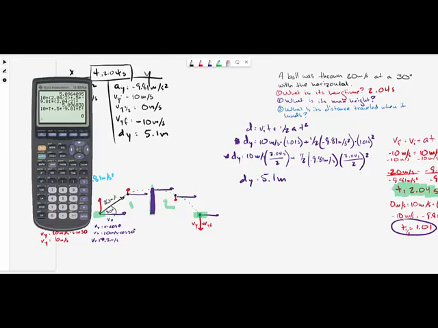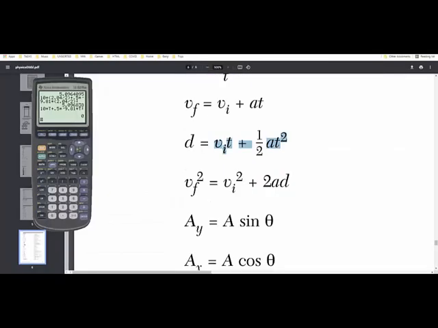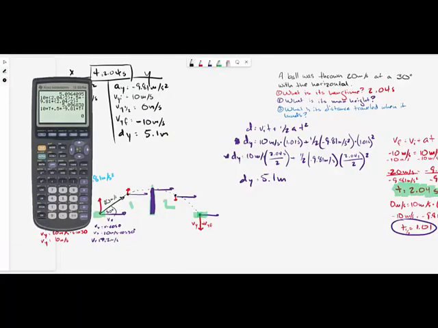You could have also, again, used this equation, vf squared equals vi squared plus 2ad. If you wanted to do that, I'll just set it up quickly. Vf, let's do purple, just to keep in mind we're working on number 2. Vf squared equals vi squared plus 2ad. It would look like this. 0 meters per second squared, because that's the vf at the top, right?